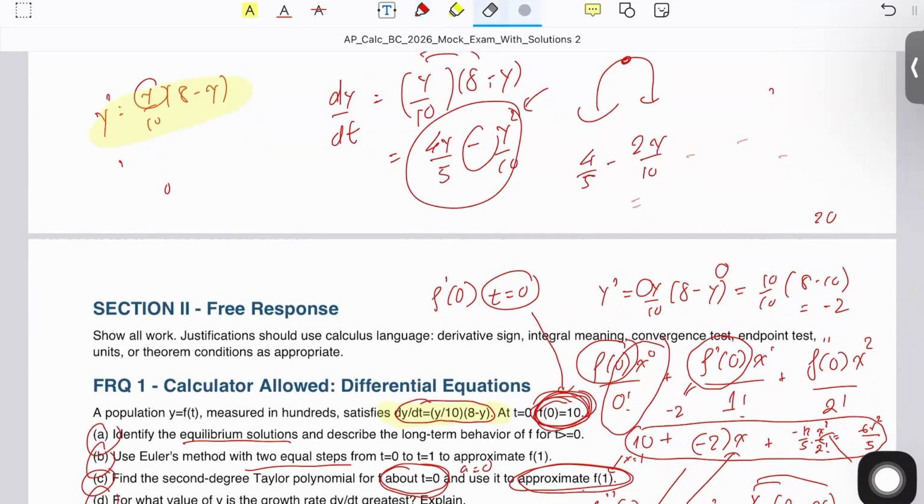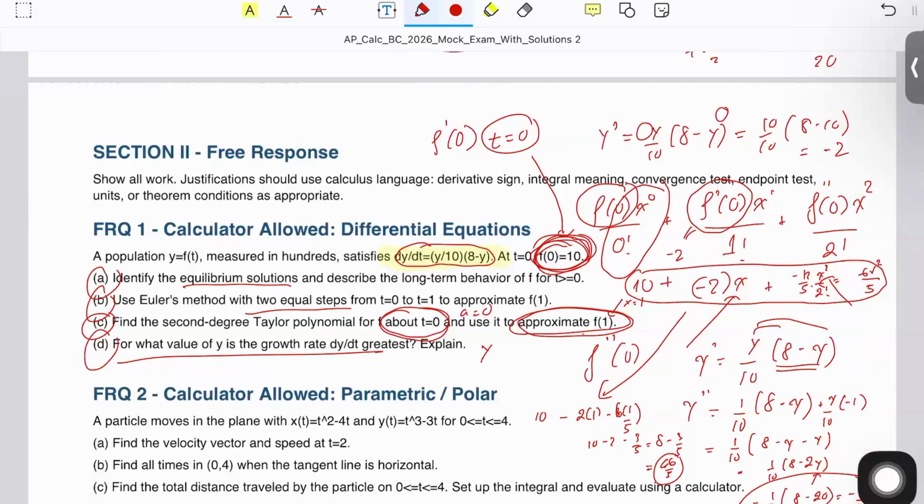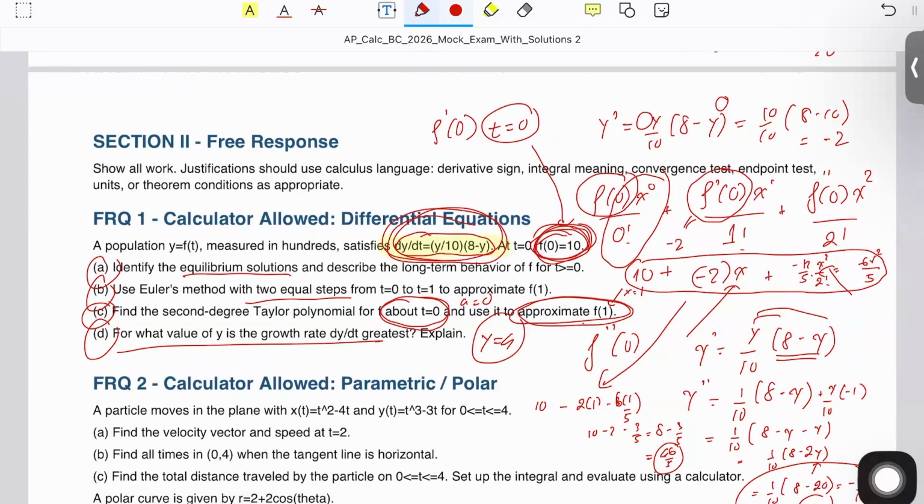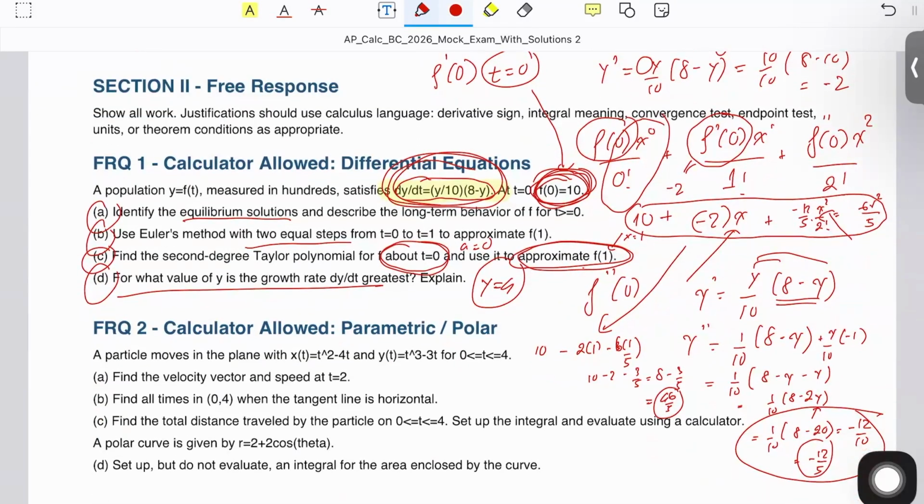If you let this equal 0, you can solve 2y over 10 equal to 4 over 5, so y equals 4. So the answer here is y equals 4, okay? The concept is to take the derivative one more time of this guy and set it equal to 0. It's not that hard, but you need to know what they are asking for.